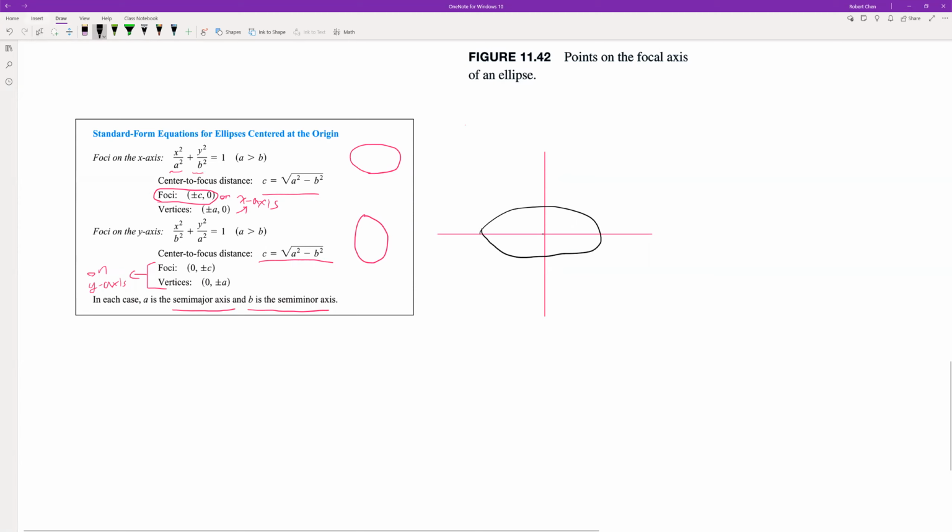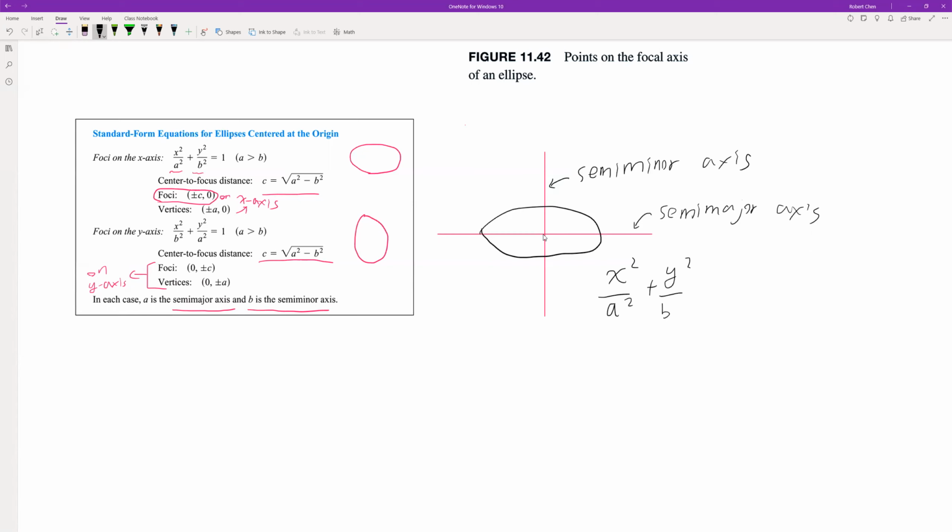So the horizontal direction will be your semi-major axis, and the vertical one will be your semi-minor axis. In this case, we will have the form x squared over a squared plus y squared over b squared is equal to 1.